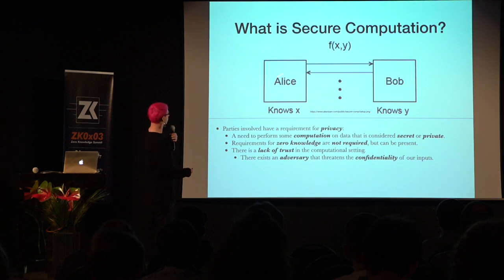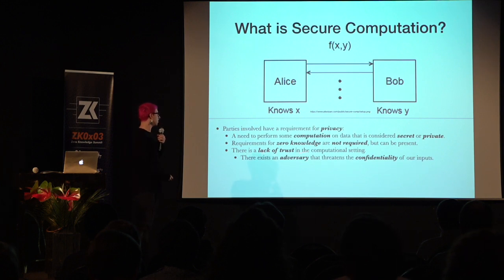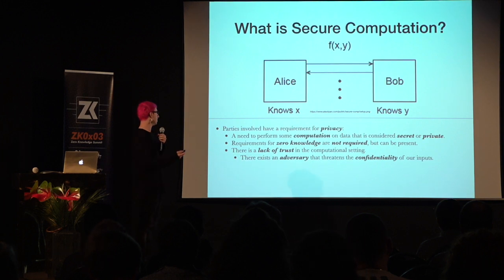This is a two-party secure computation scenario that I show in this graphic, but it's not specific to this. It can be a single party or it can be multiple parties. The requirements for zero knowledge and secure computation are not required, but they may be present.